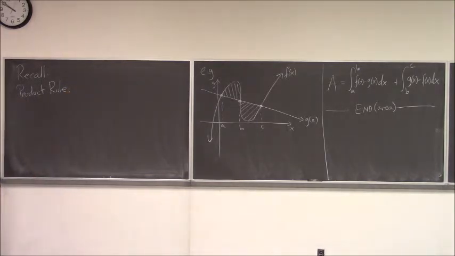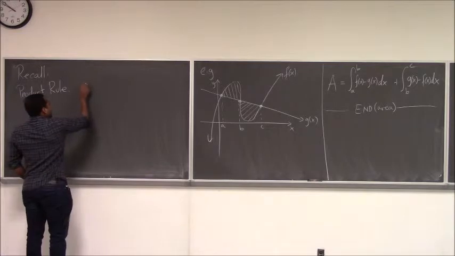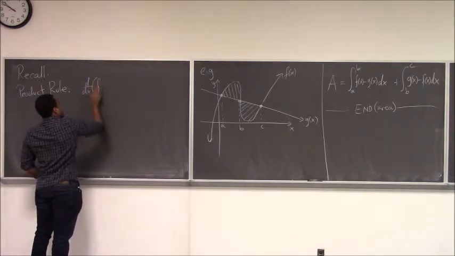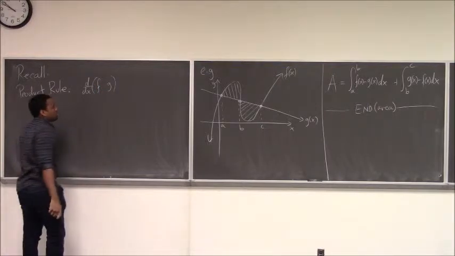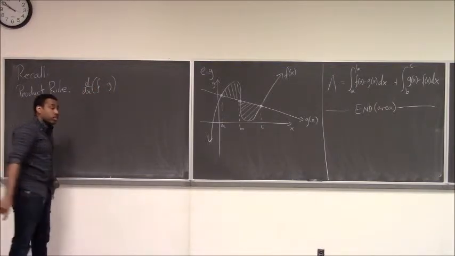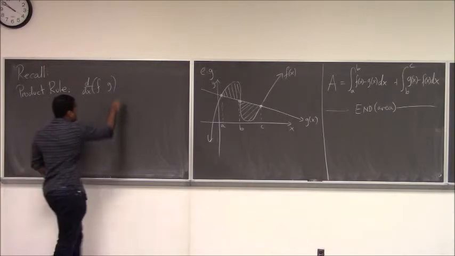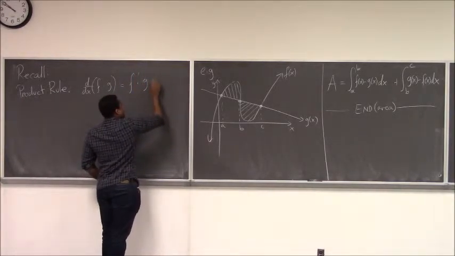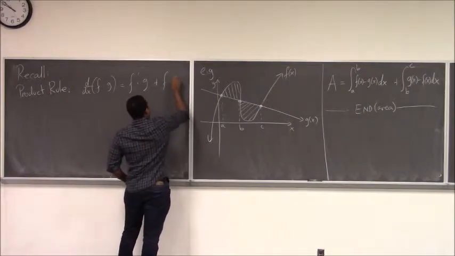To remind you of what the product rule says, it basically said that if you differentiate a product f times g, or f of x times g of x, then the result will be f prime times g plus f times g prime.